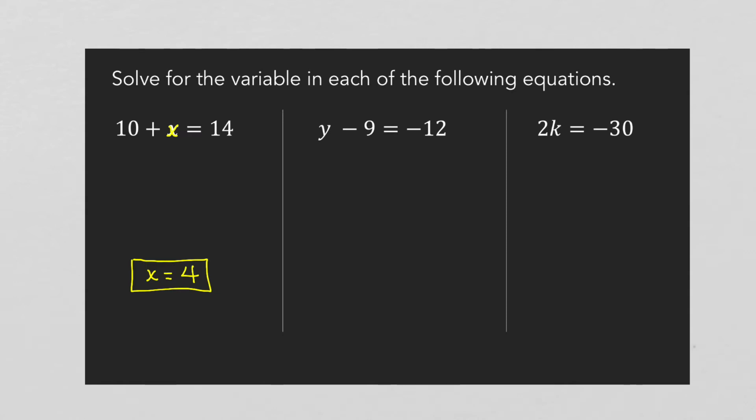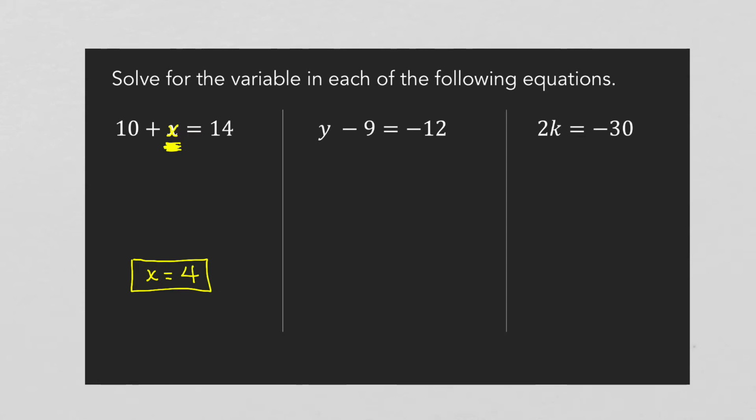But let's actually practice those properties of equality on something really simple to make sure we see how they work and that we get the same solution. Using a property of equality means we want to isolate our variable x, and in doing so, we have to get rid of the 10 on the left side. If this was a much more complicated equation and I couldn't figure it out in my head, I want to solve for x. That's called solving for x.